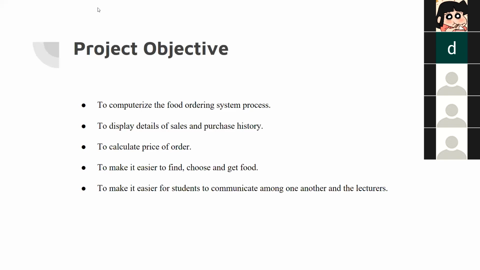The website is also designed to calculate the price of an order. Manual calculations may lead to errors, thus it will be better and much more accurate using the system. Other than that, it is to make it easier to find, choose and get food as there will be varieties to choose from and it's within the university. Lastly, it is to make it easier for students to communicate among one another and with the lecturers.